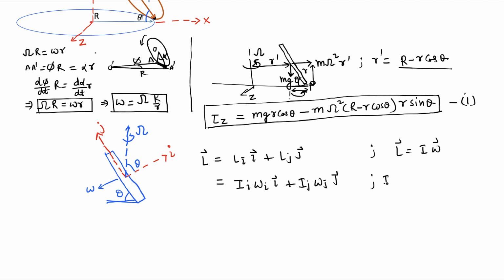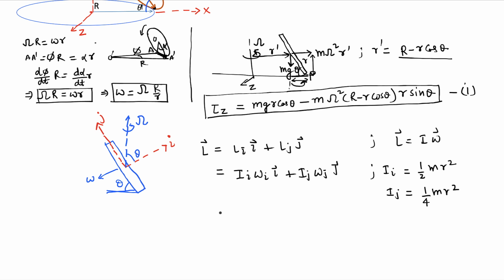What is I_i? This is the moment of inertia in the I direction, which is half mr square. And what is I_j? Moment of inertia in J direction, that is 1 by 4 mr square.